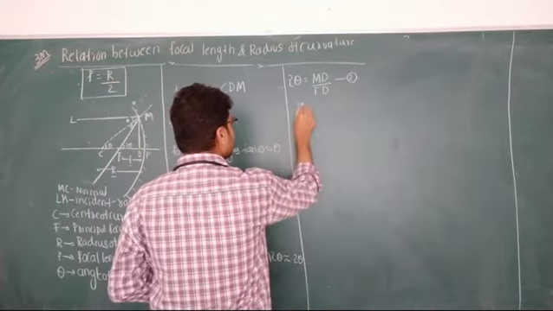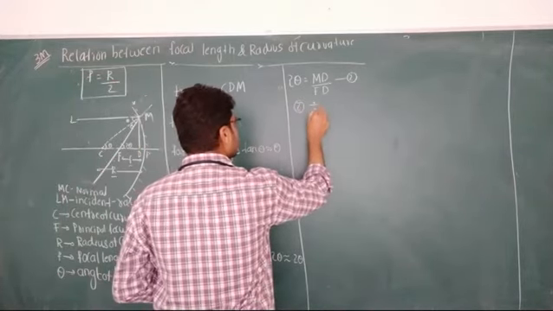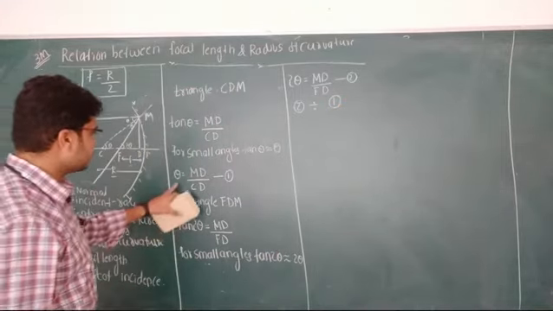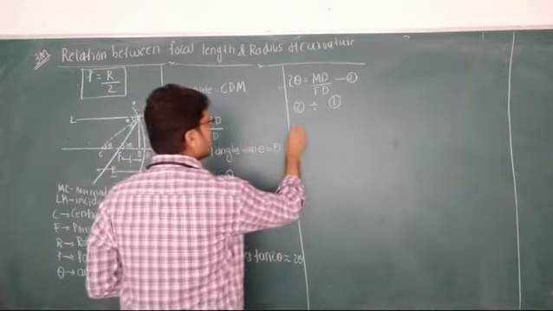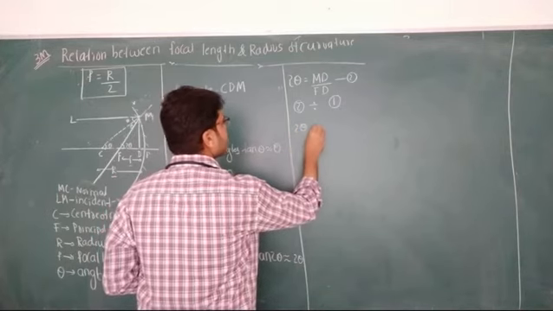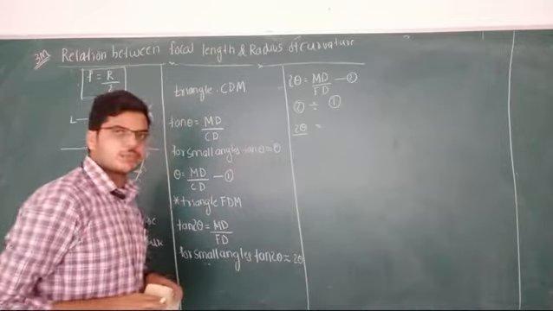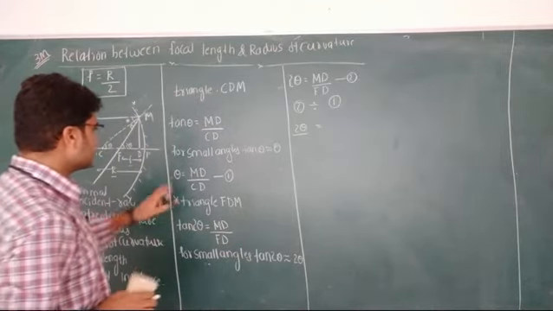Now you divide equation number 2 by equation number 1. Equation number 2 LHS is 2 theta, divided by equation number 1 LHS, that is theta.